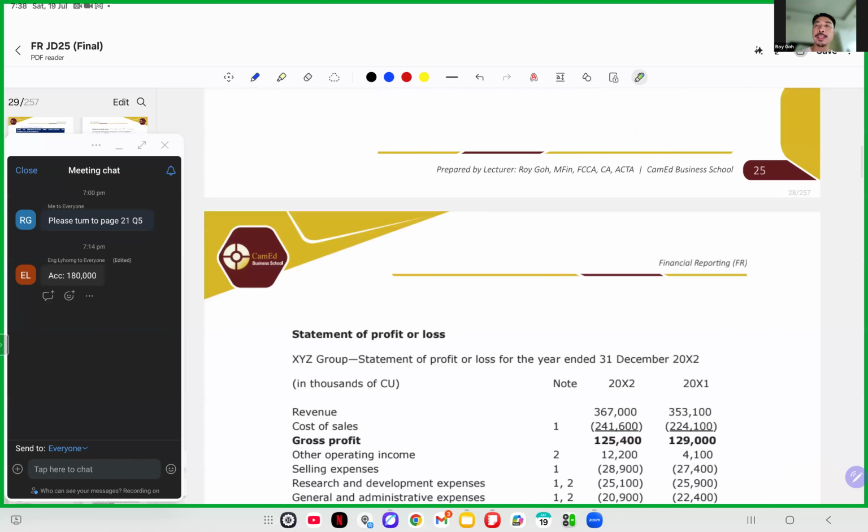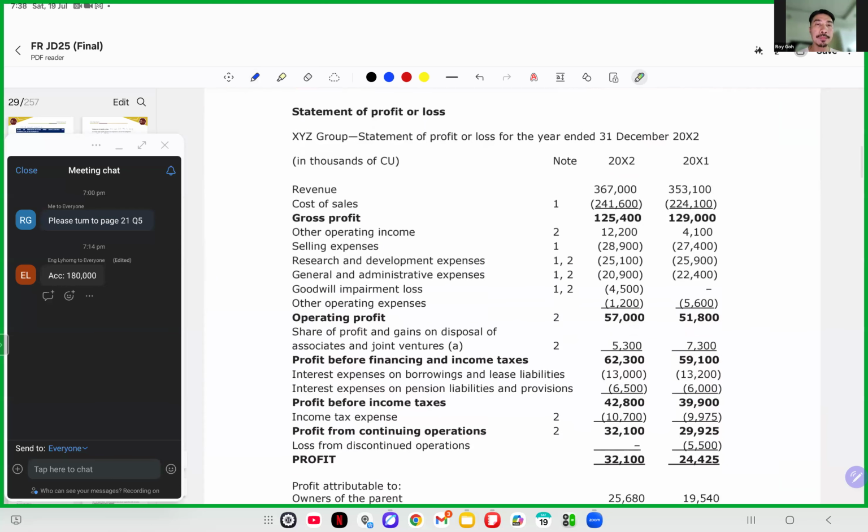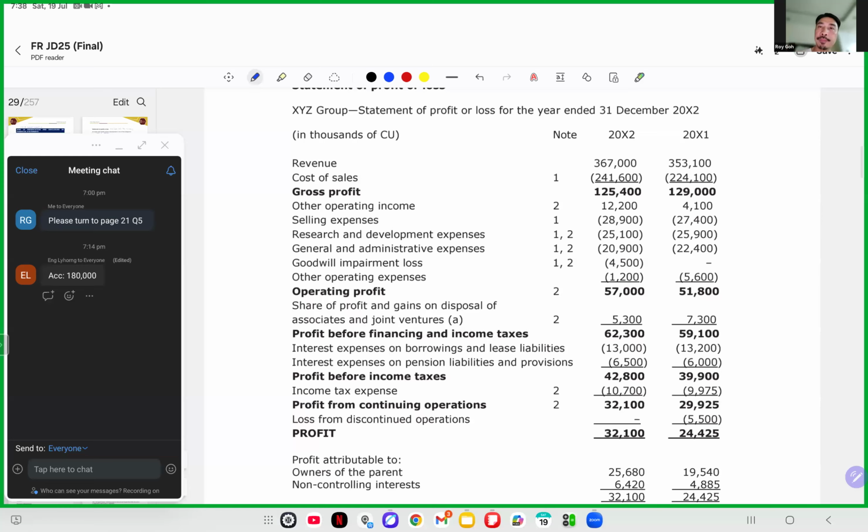Right? Next one, on page 26. This is how the statement of profit or loss looks like. So first of all, we have this stretch. What's so special about this stretch? This stretch here is where your SOPL shall report your profit after tax.